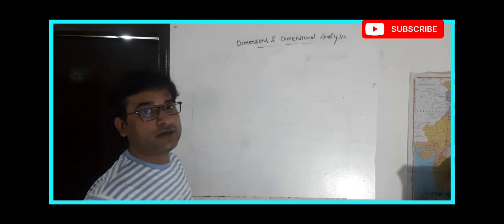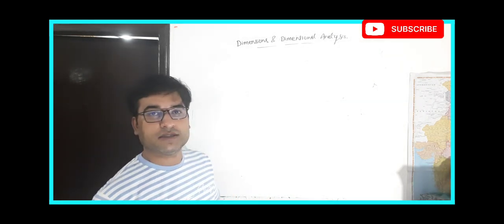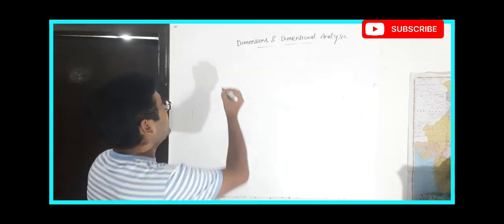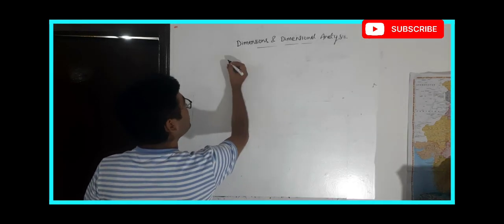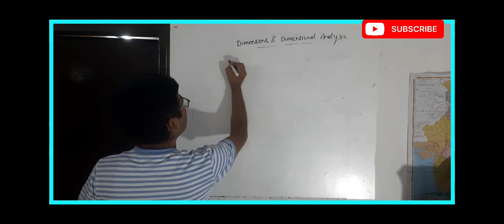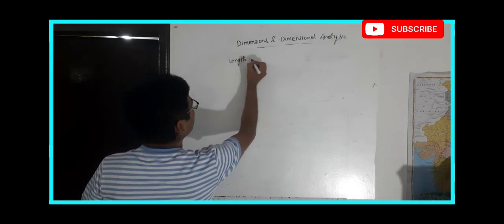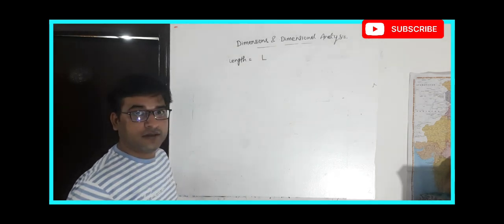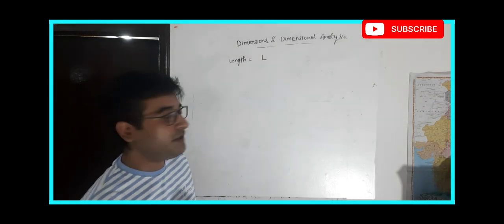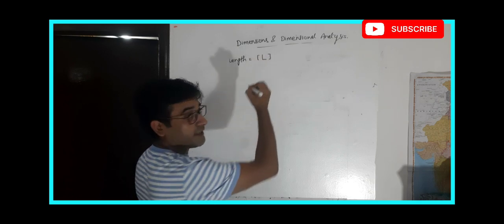So the physical quantities, we write physical quantities in terms of base units. For example, length, we write L. Okay, for dimension analysis we write these units in brackets, right?